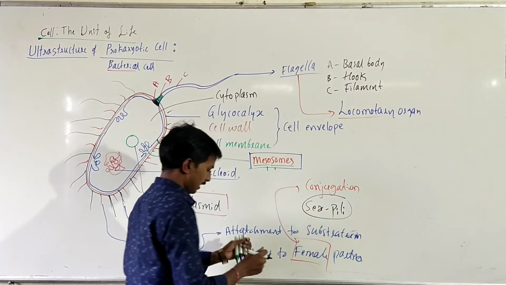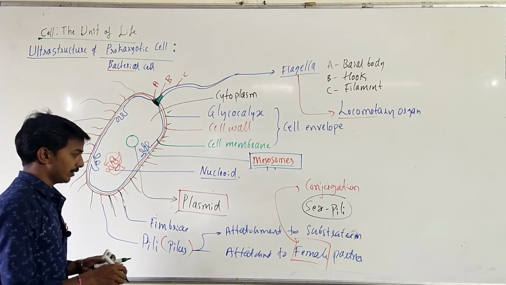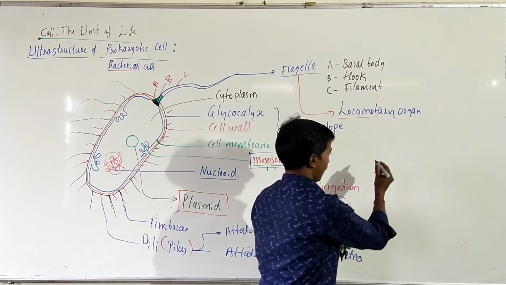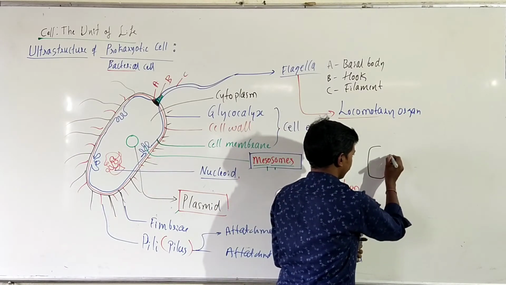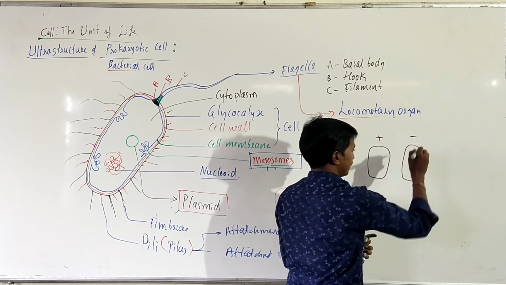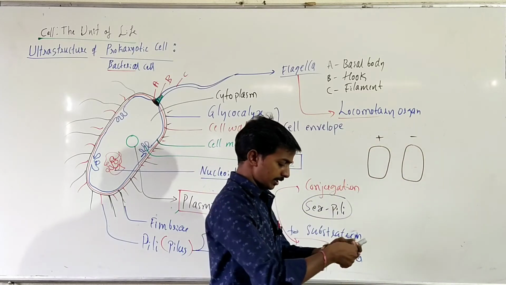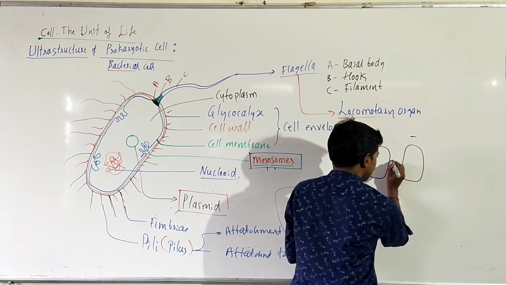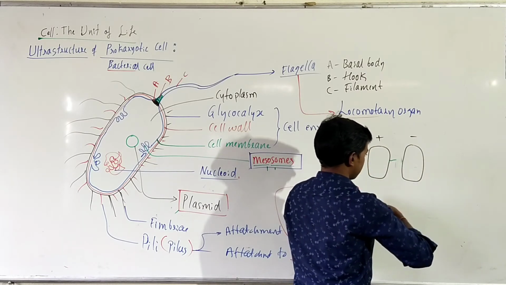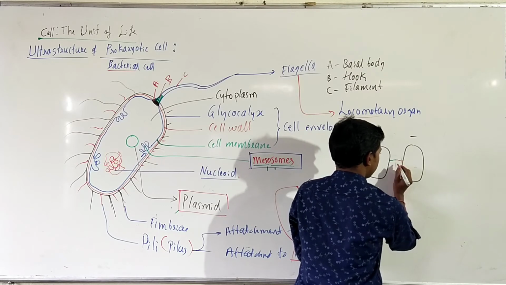That is, they help in the attachment of the female as well as male bacteria. For example, if I have two bacteria here, one is plus strand, one is minus strand, as male and female. Here the pili of this bacteria help each other.